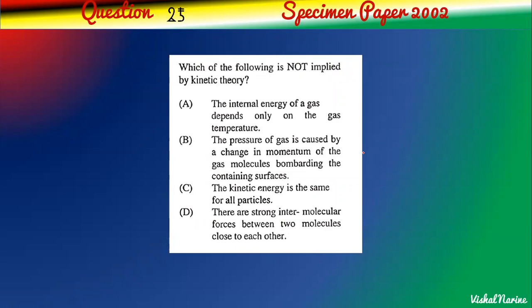You can read through all the options and analyze them a bit. For the answer, remember that the question is saying not implied by the kinetic theory, and that answer there is D. All right, you can read through all the options again, and it's very clear to read through now.